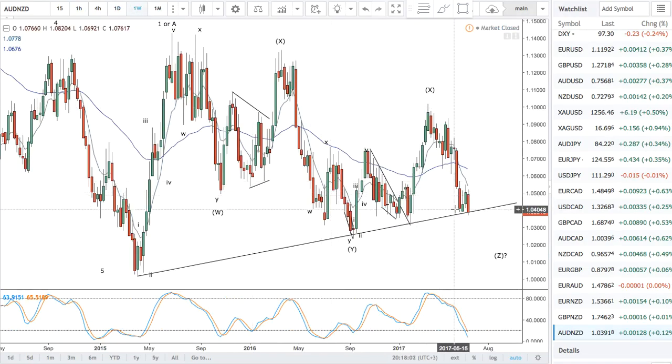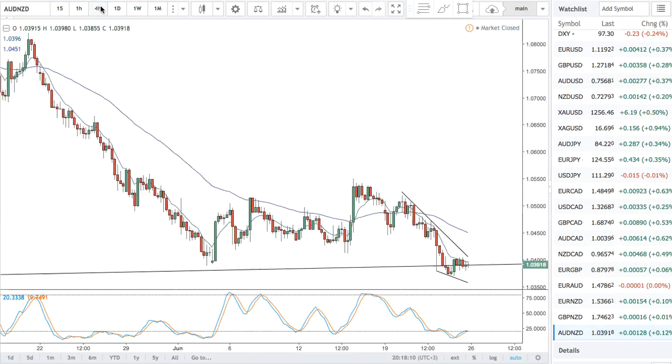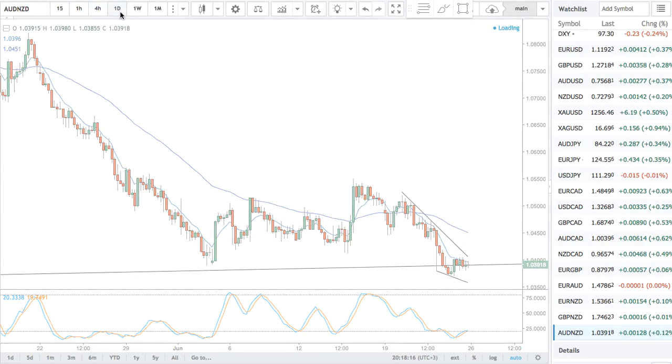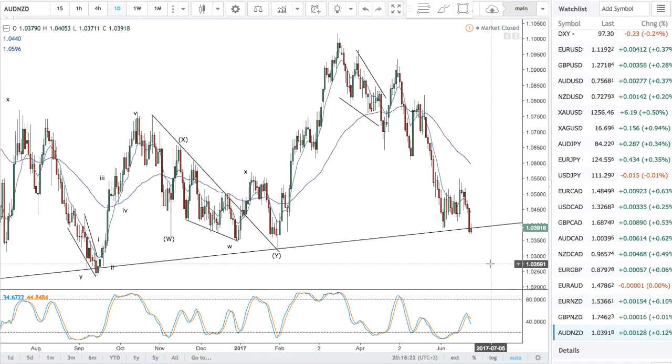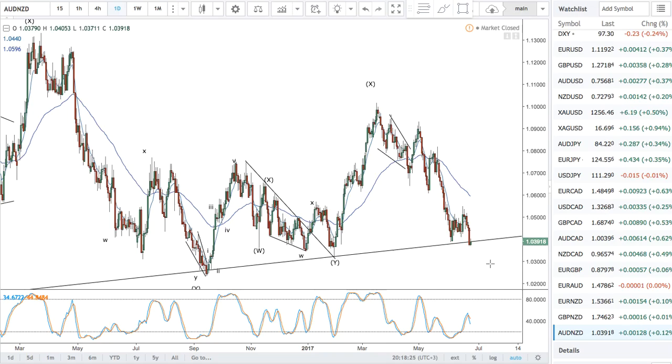The fact is that trendline support here is not something that I want to think about selling. So I'm looking for a buy opportunity, most likely on the next low. So both these New Zealand-based pairs are looking like they're going to get a bounce, still to me.